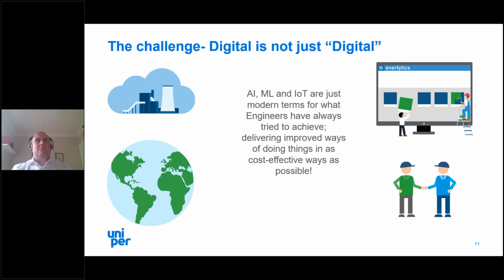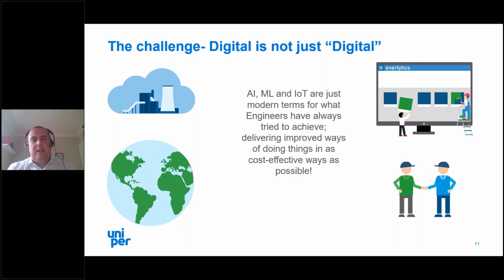So moving on to the challenge, and what we found is that digital is not just digital. And ultimately this is a line from one of my colleagues' presentations, Pete Davis, who is doing a presentation tomorrow, and I'd urge you, if you're interested in the technical side of what we do, to please join him tomorrow for that.